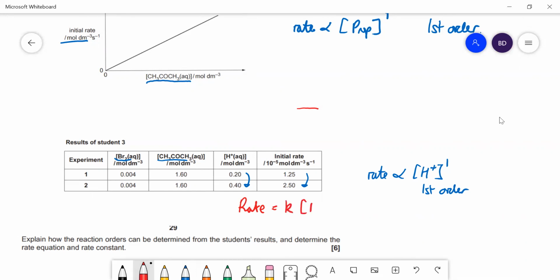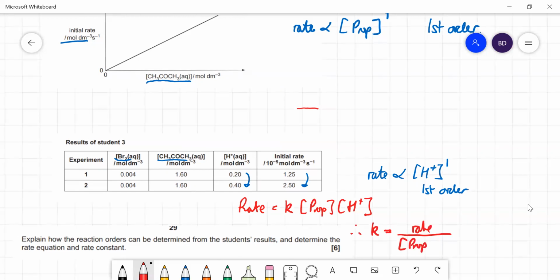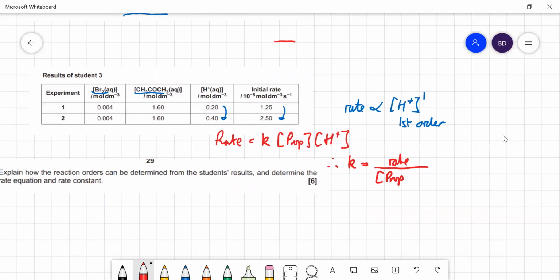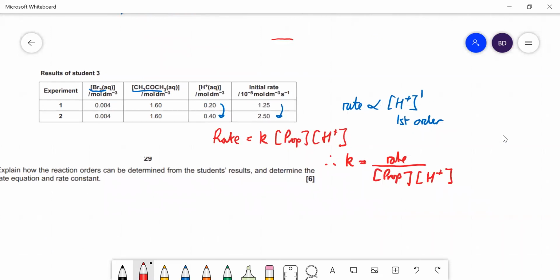It's k times propanone to the power of 1 and H plus to the power of 1. Okay, so we rearrange that to get the value of k. So therefore k is equal to the rate divided by the concentration of propanone multiplied by the concentration of H plus. So now what we've got to do is put in numbers there.